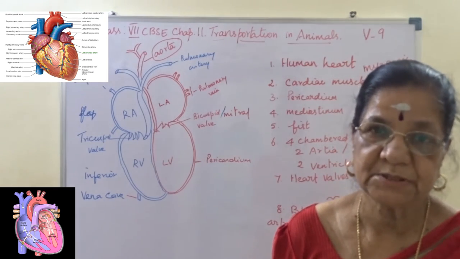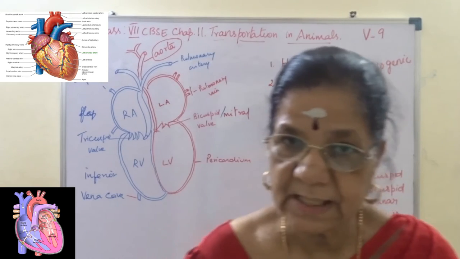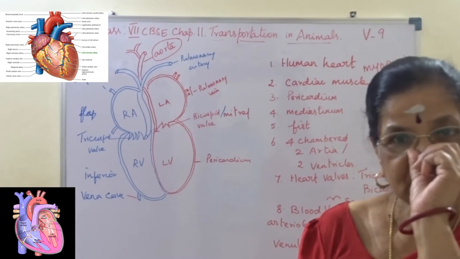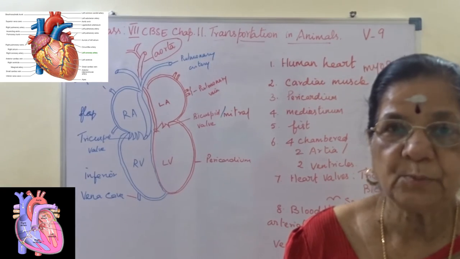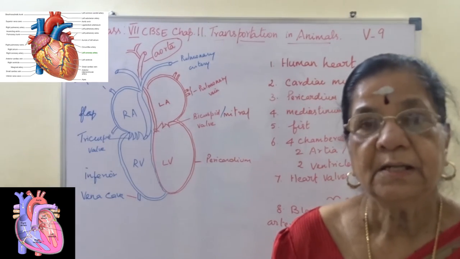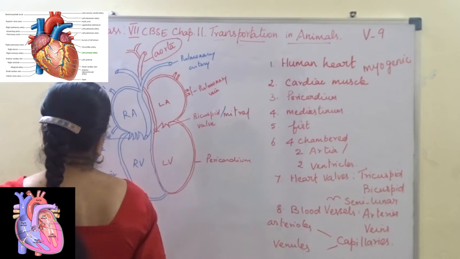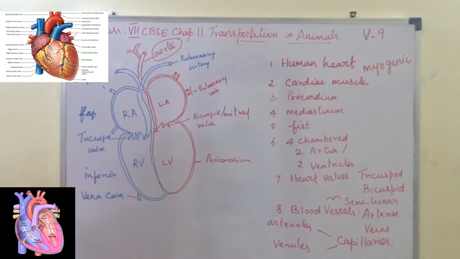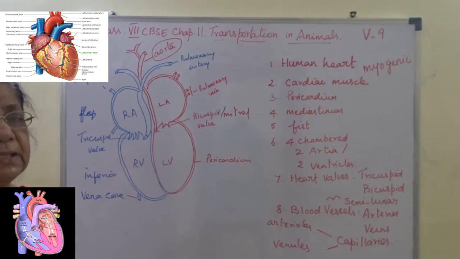This is the exception. Okay, so now veins carry deoxygenated or impure blood from various parts of the body and reach the right atrium through inferior vena cava and superior vena cava.